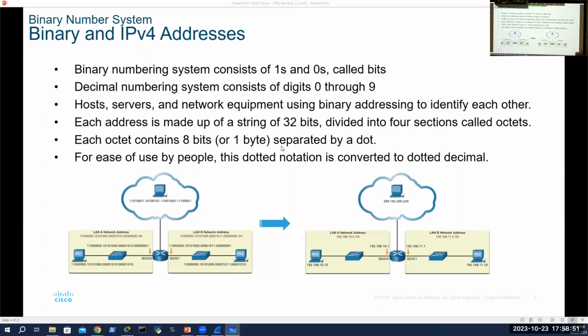Okay, so in terms of an IP address, we have 4 octets strung together, separated by a dot, and that's why it's called dot notation. The octets for an IPv4 address are expressed in decimal.